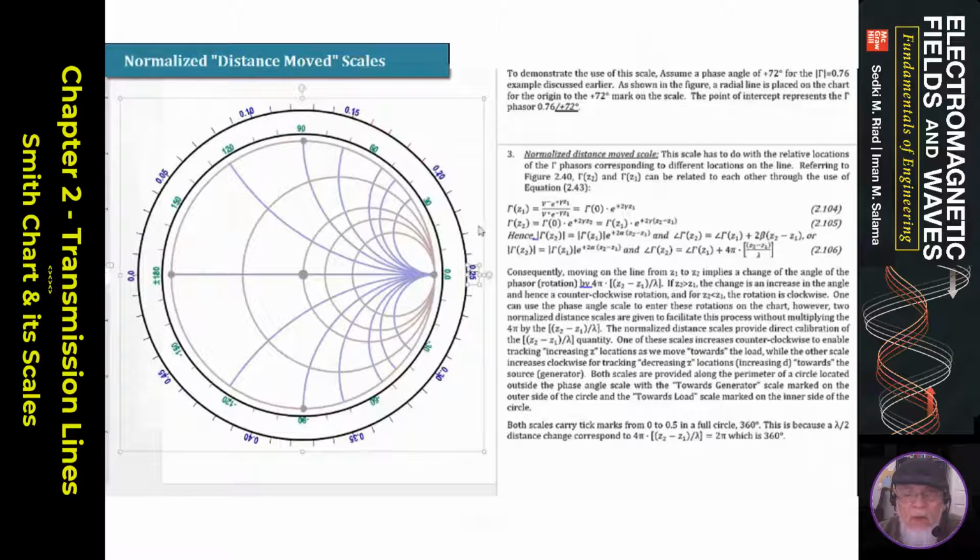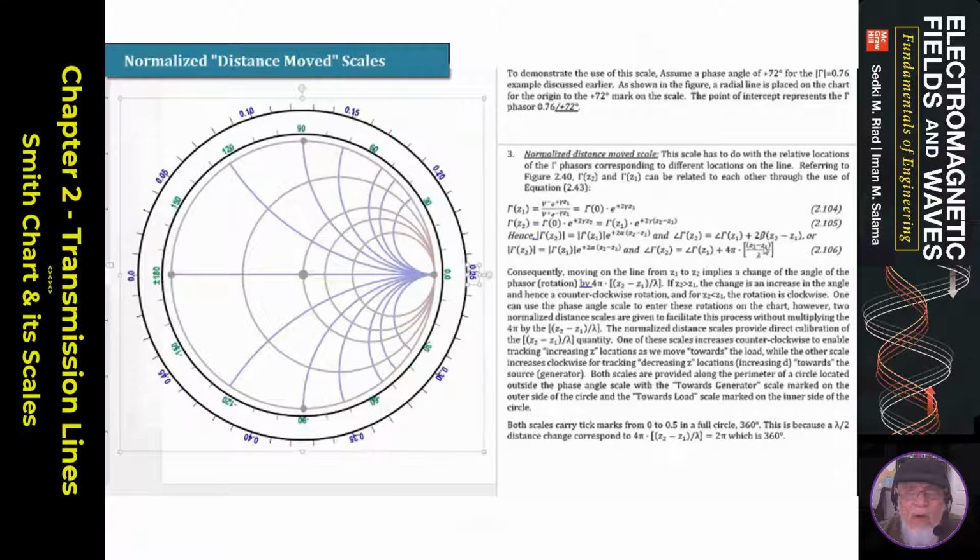So let's look at the scale and decide what this scale corresponds to. It's a linear scale that goes from 0 to 0.5 in this direction and corresponds to a decreasing angle, because the angle increases this way. So this corresponds to a decreasing angle. That means this is a negative change. That means my Z1, the initial location, is greater than the final location.